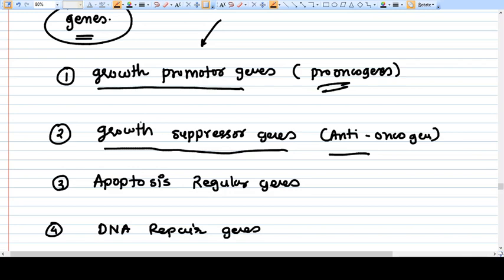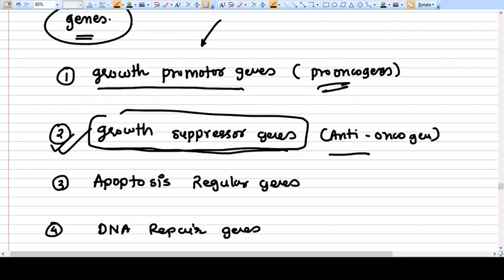This gene should act when some cell is rapidly growing without control, but this gene gets some mutation and is now ineffective and cannot suppress the uncontrollable growth. So inactivation of growth suppressor genes is a reason for various tumors.